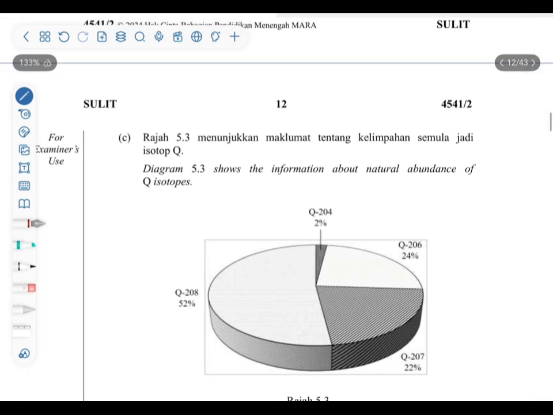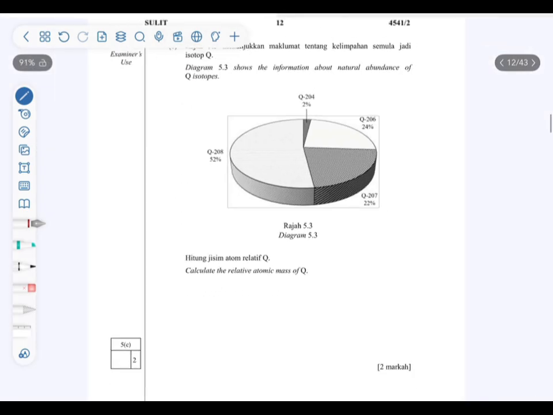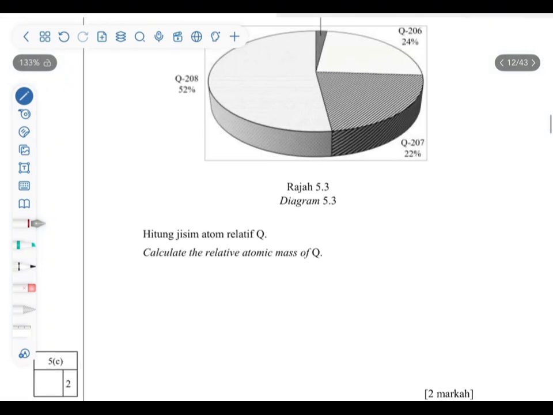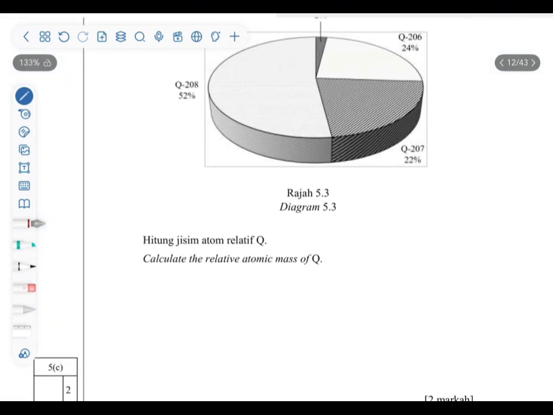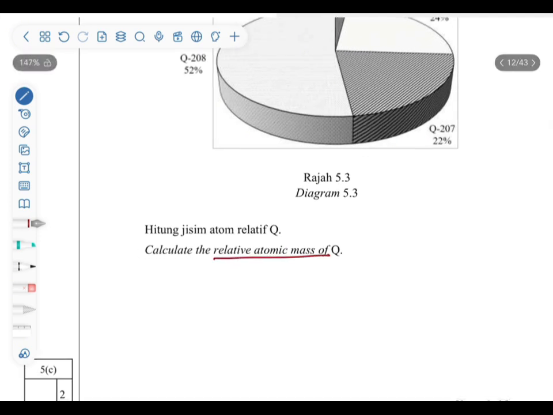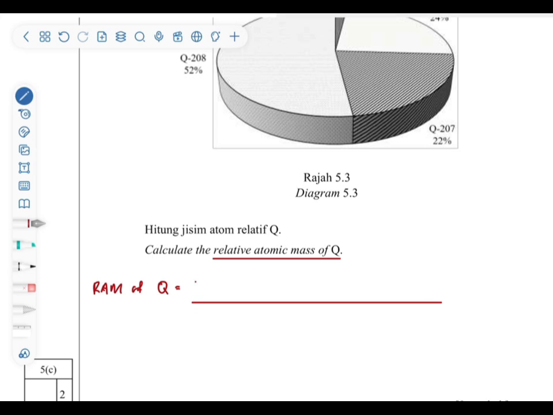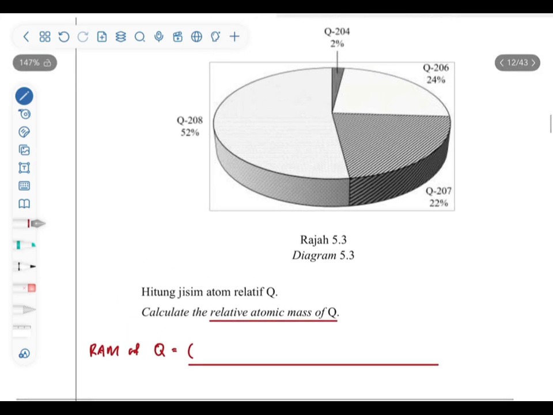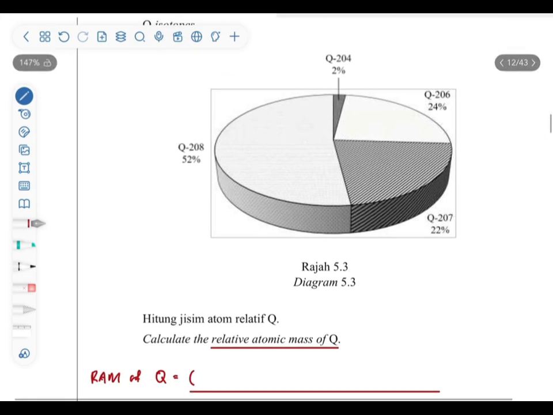Okay, for question C, diagram 5.3 shows the information about the natural abundance of Q isotopes, and we are going to calculate the relative atomic mass of Q. So the relative atomic mass of Q equals the relative atomic mass of the isotopes themselves, which in this question we have 4 isotopes: 204, 206, 207, 208, with their respective abundances, which I circled in blue.